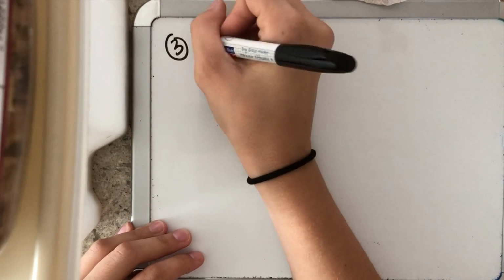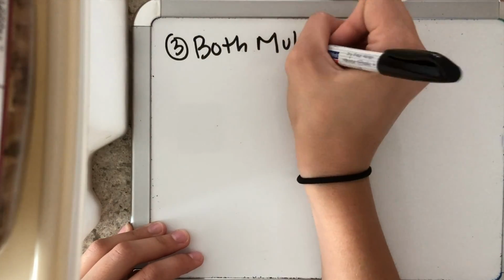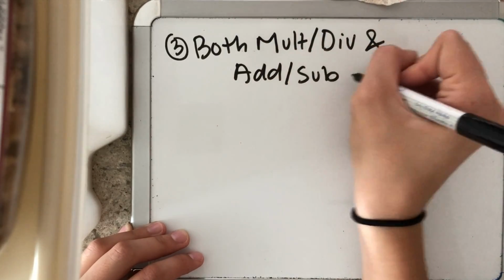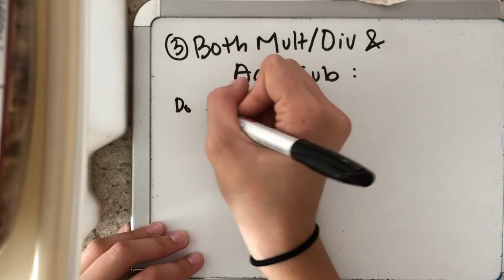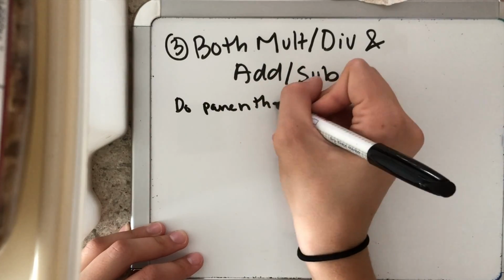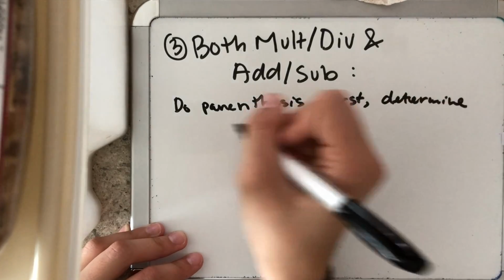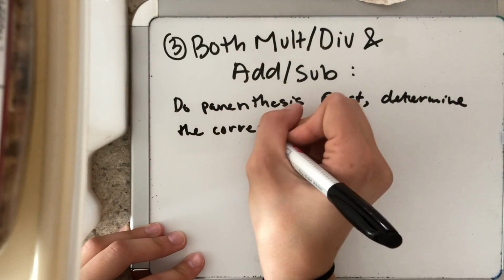This last rule is for both multiplication and division and addition and subtraction. Complete the parentheses first, then determine the correct number of sig figs without rounding, solve the rest of the equation, and deal with the sig fig rounding at the end.